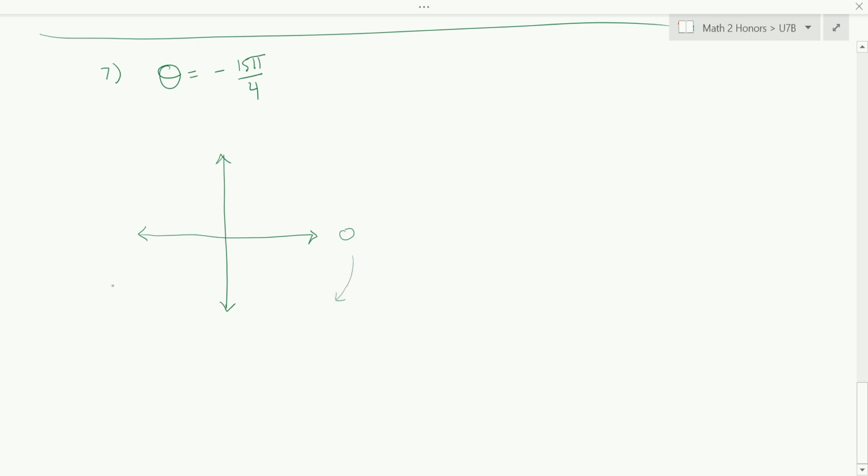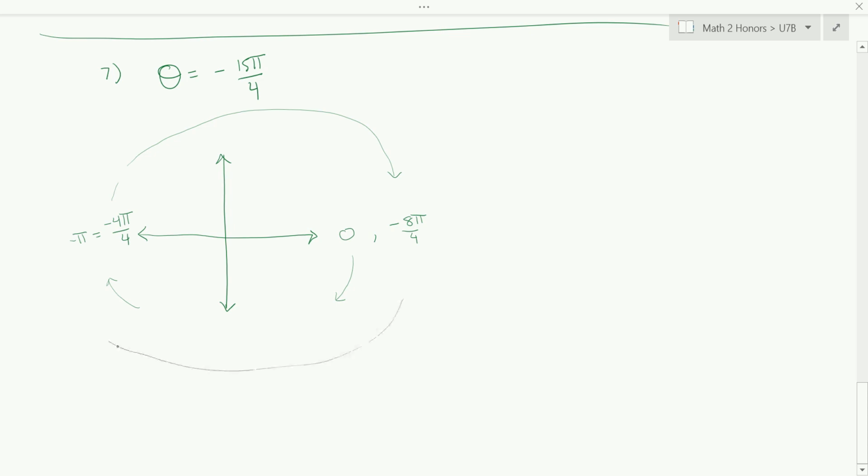So if I go half circle, that's negative pi, which is negative 4 pi over 4, right? We want a common denominator, so 4 is our chosen denominator. So I'm going to subtract another 4 pi over 4 to get negative 8 pi over 4 here. And still not close.